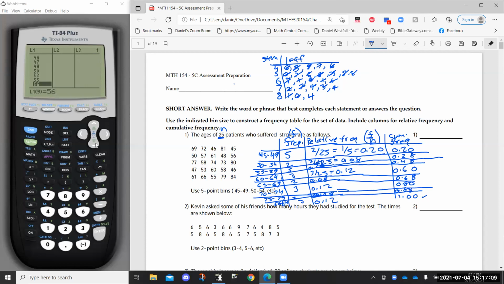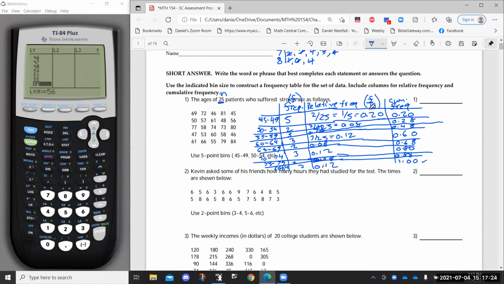You shouldn't get 101%, you shouldn't get 102%, you shouldn't get 99% or 98%. You should be using those fractions as your friends if you need to, if you can't get exact decimal answers.